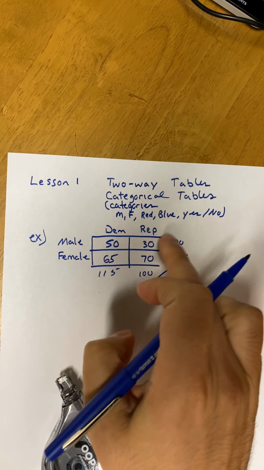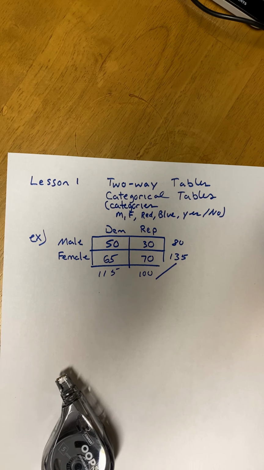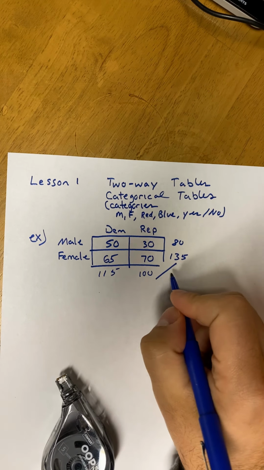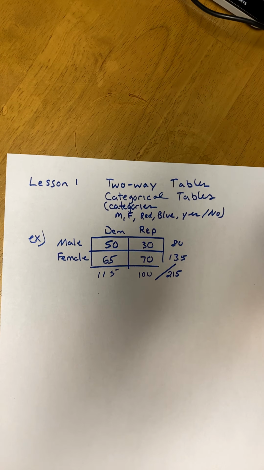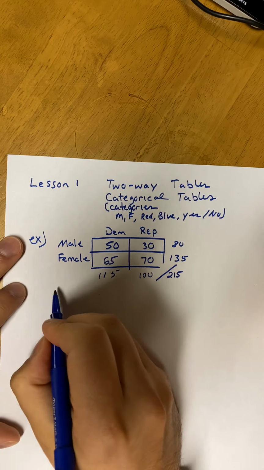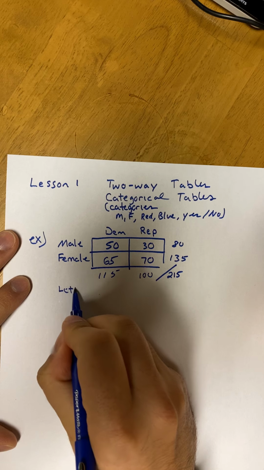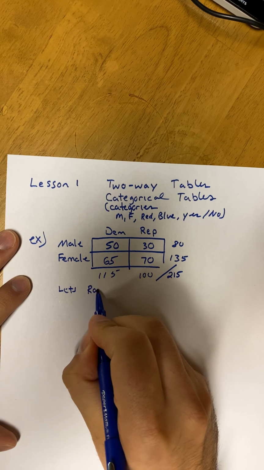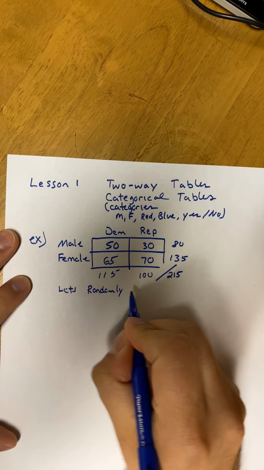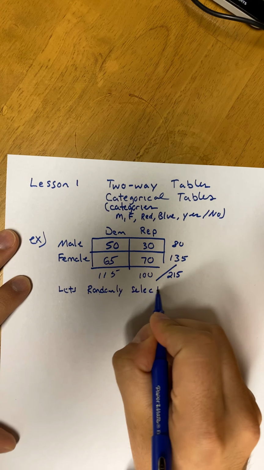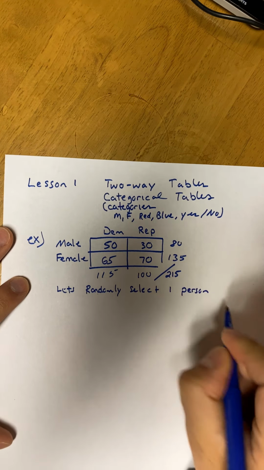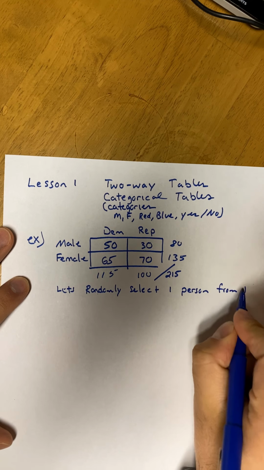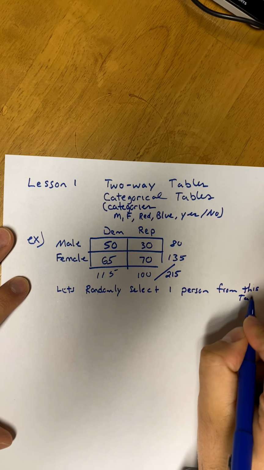So how many people do I have in my cells? We're going to have 215 total. So I could ask you questions like such. Let's randomly select one person from this table.